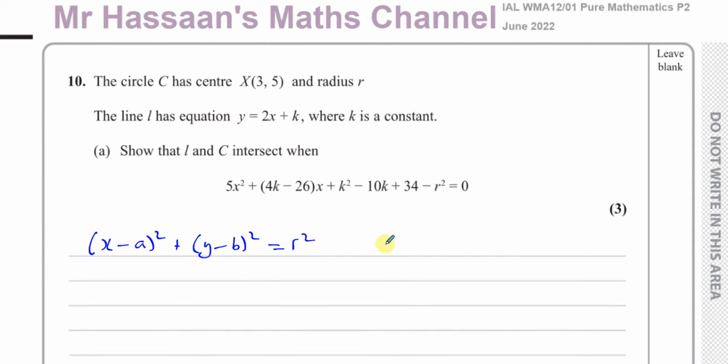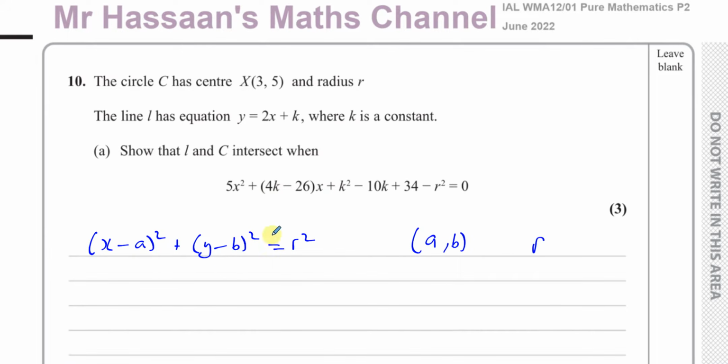So in this case, the center is (a, b) and the radius is r. It's (x − a)² + (y − b)² = r²: x minus the x coordinate of the center all squared, plus y minus the y coordinate of the center all squared, equals the radius of the circle squared. That is the equation of a circle.